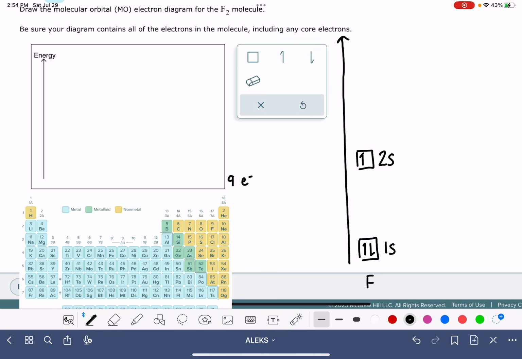There's my 2s orbital, 2 electrons in there as well, and then my 2p orbitals way up here, my 3 2p orbitals that have a total of 5 electrons in them. I made those boxes way too small.